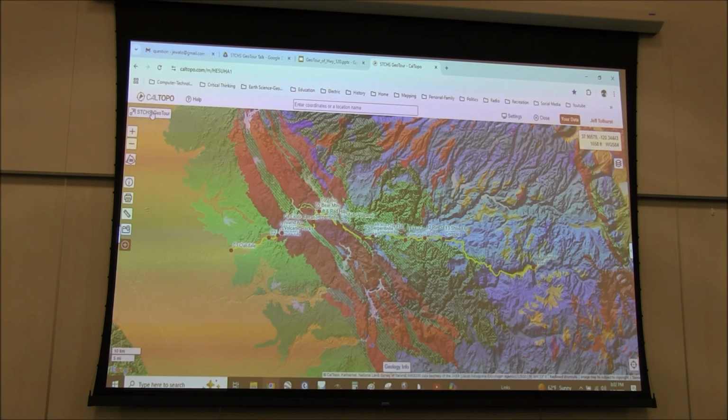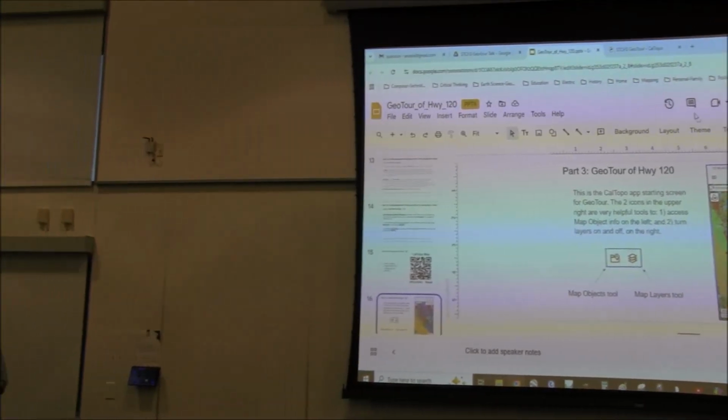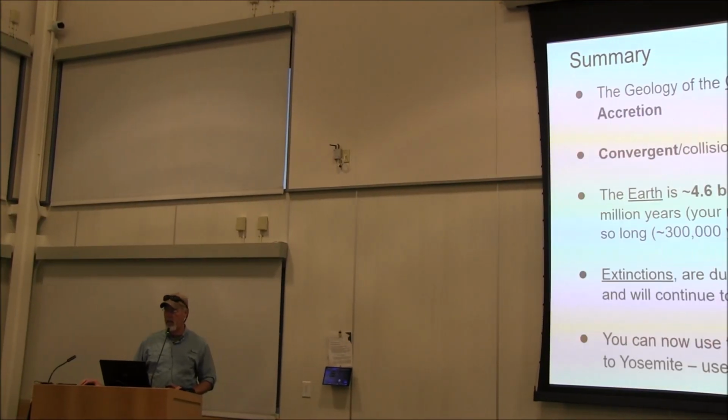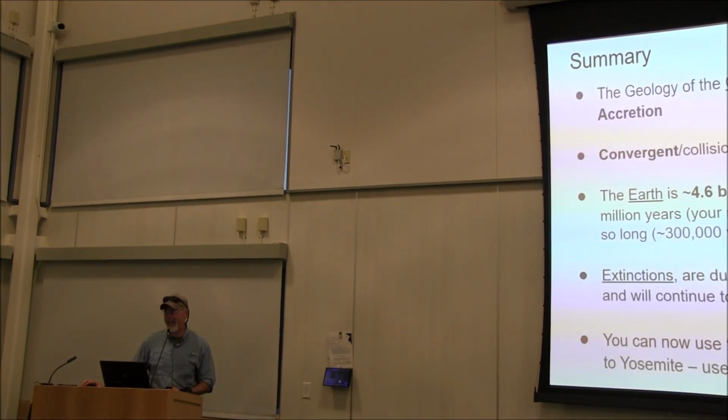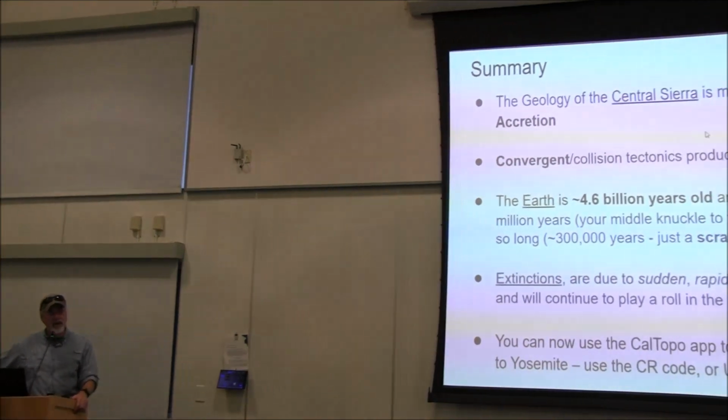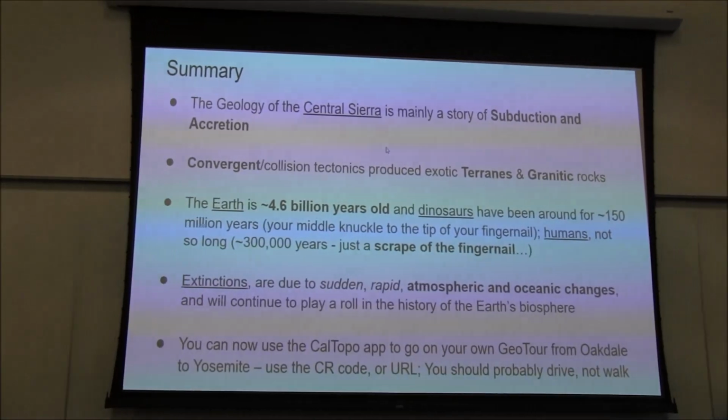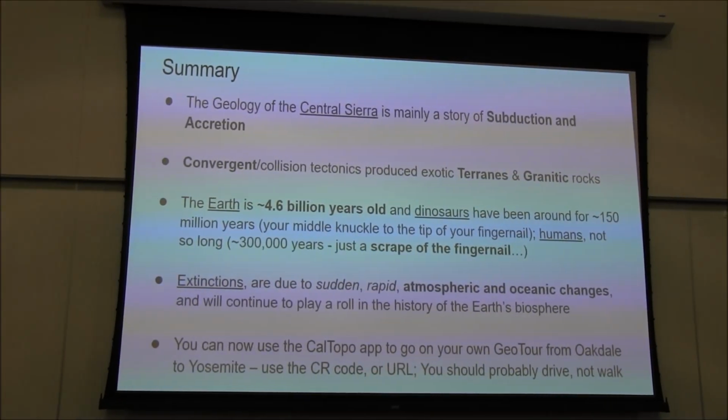And so what I want to do now is just summarize. Let me go back to here. At the end of the story, what did we learn, I hope, is that the story for our area of the Sierra Nevada is one of subduction and accretion.